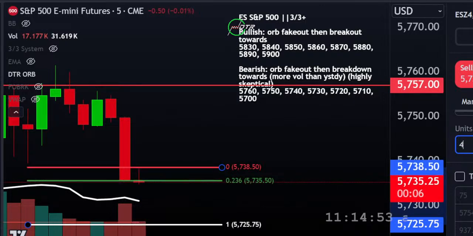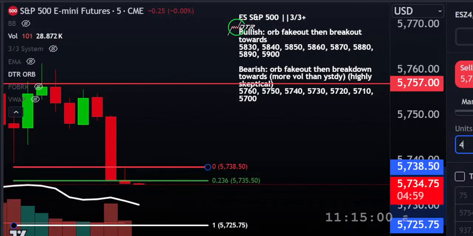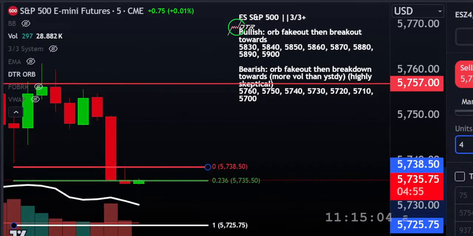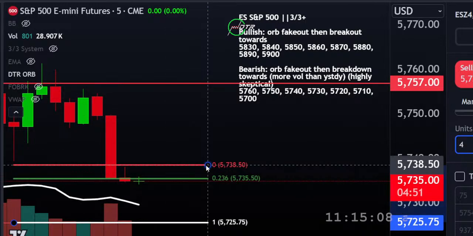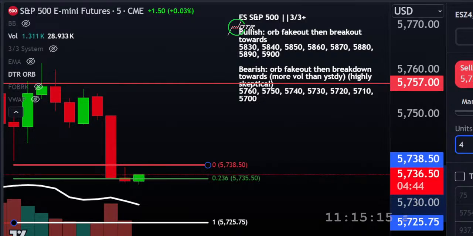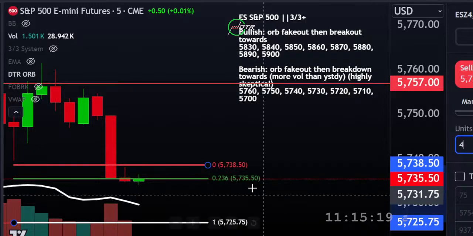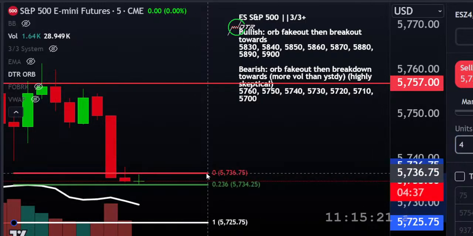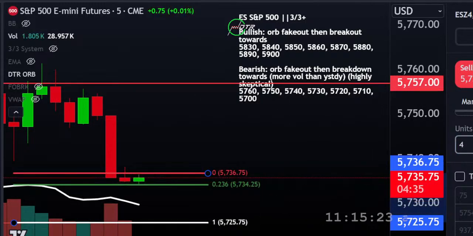Okay, let's wait for this candle to close. I'd like to go as tight on my risk as possible here.